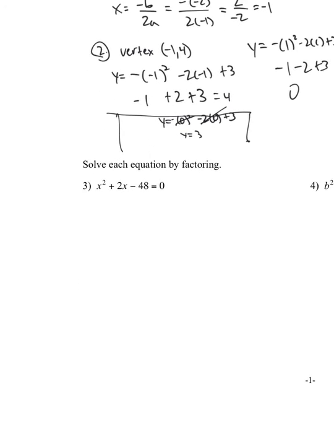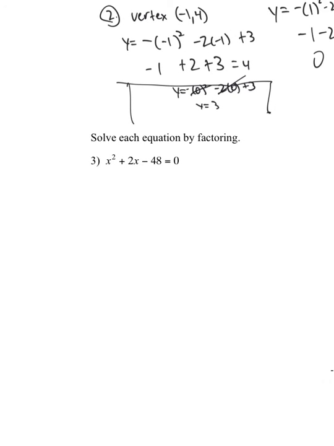Next main lesson here, solve by factoring. Guys, if it's one that you can factor, and it doesn't have a coefficient, the coefficient's 1, all you're going to do is look for numbers that multiply to that last number, or the constant, and then add to the middle, or the coefficient of x, so 2.